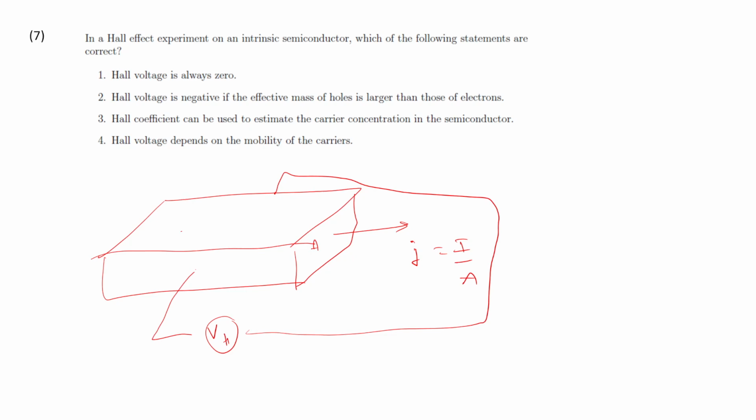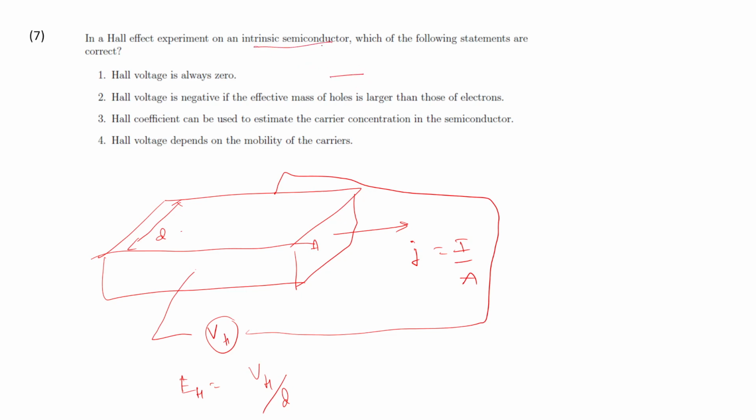So if this distance is d, then the Hall field is given by Vh over t. So why does it happen? Let us see what our system is.